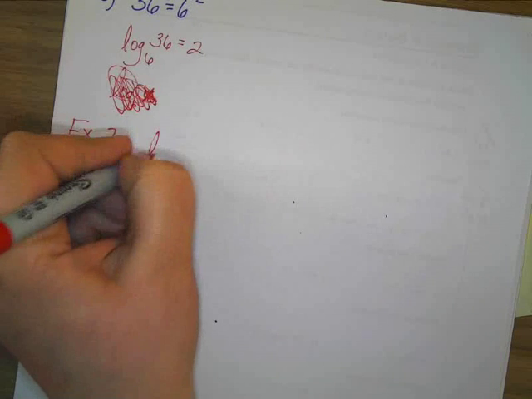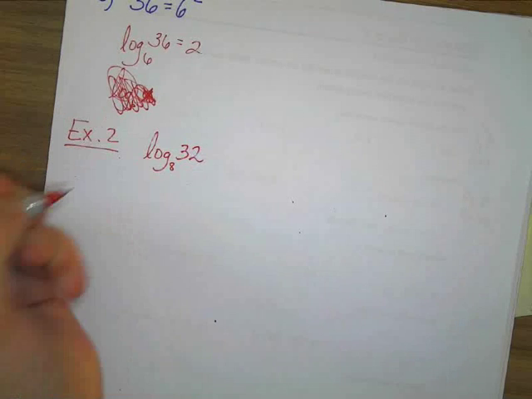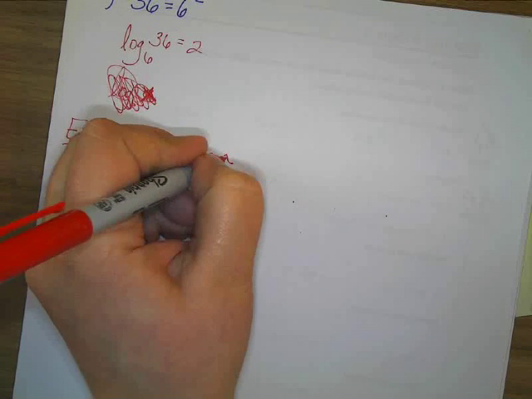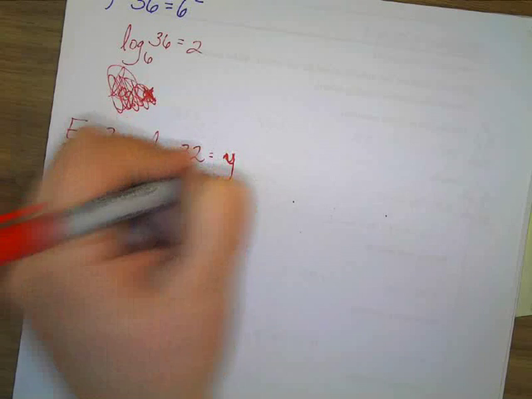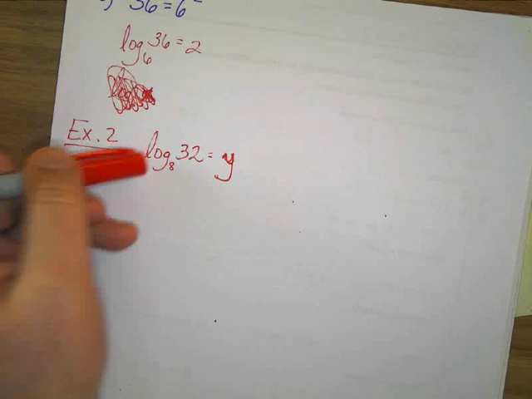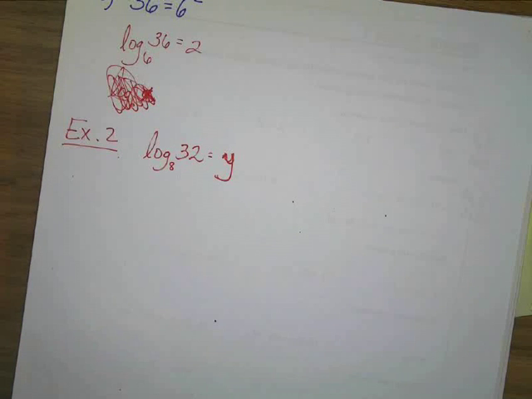What is the value of log base 8 of 32? The question is, what is it equal? So I'm going to put it equal to y right now. I don't know what it is. We're not very comfortable with logs, so what are we going to change this into?